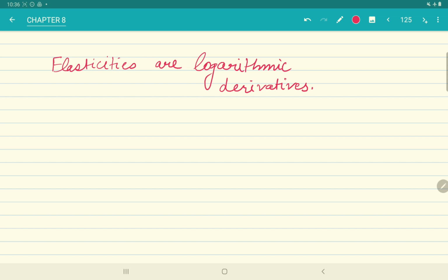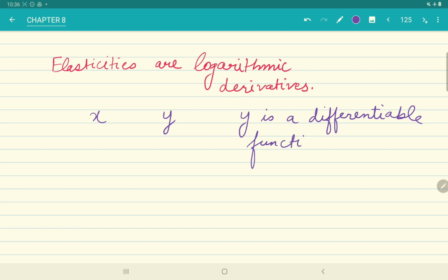And if I talk about two variables, x and y, which are positive variables, and the reason I talk about positive variables will become clear, let's say y is a differentiable function of x.